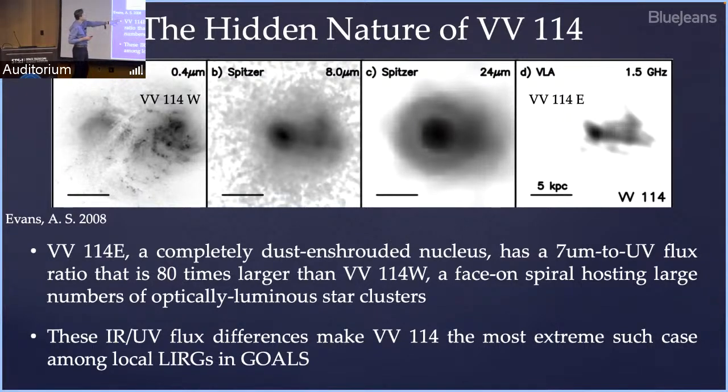This ratio of 80 actually makes VV114 the most extreme such dual galaxy in GOALS, and it's one of the reasons that we chose to select it as one of the four in the ERS program. And you can see that in the infrared, where our former Spitzer observations show that almost all of the emission is coming from this eastern nucleus.